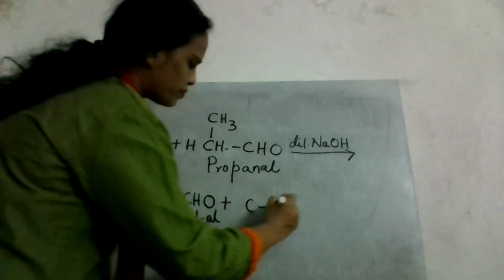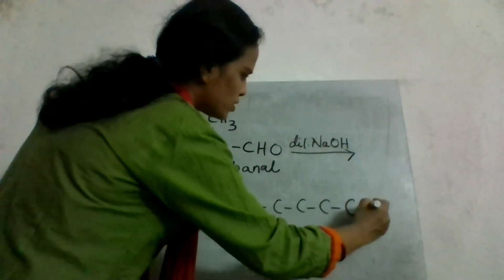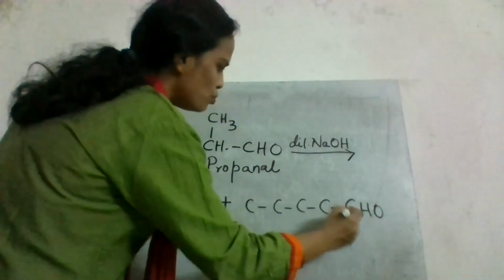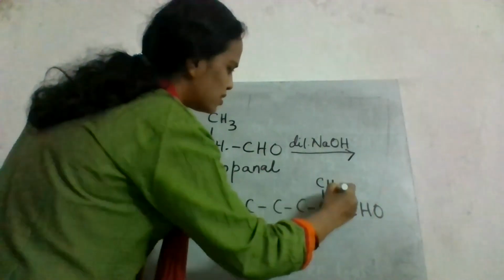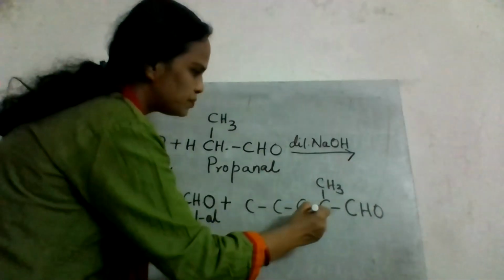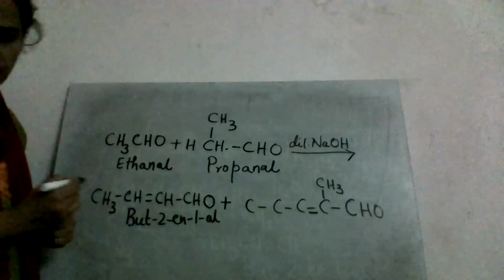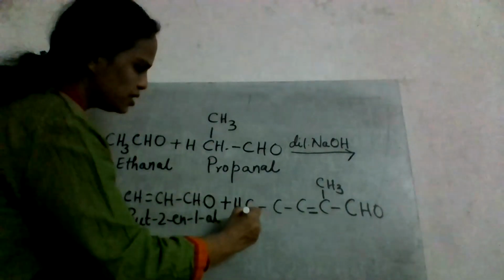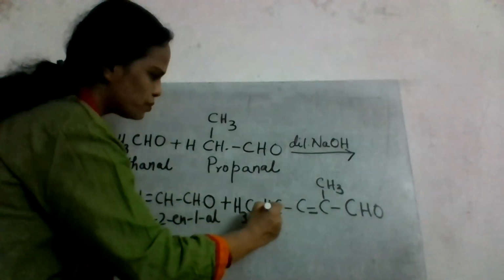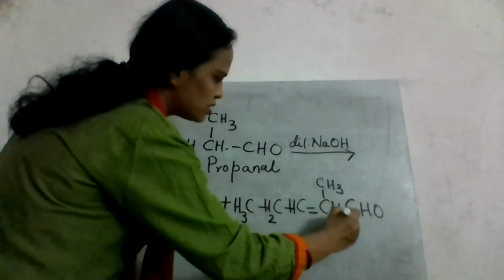2-methyl-pent-2-ene-1-al. The structure is CH3CH2CH=C(CH3)CHO.